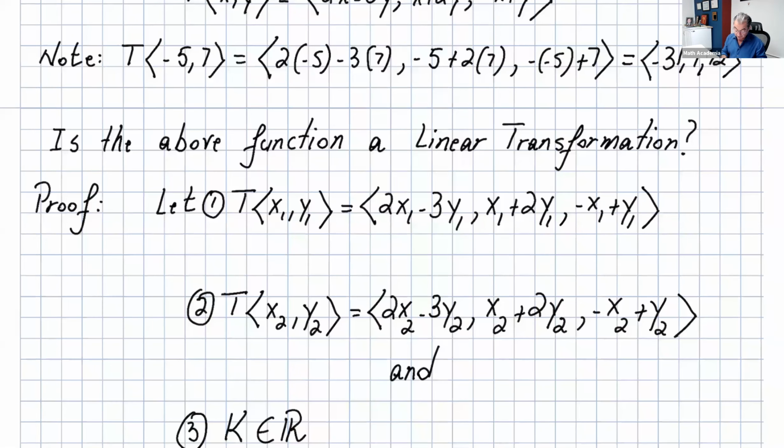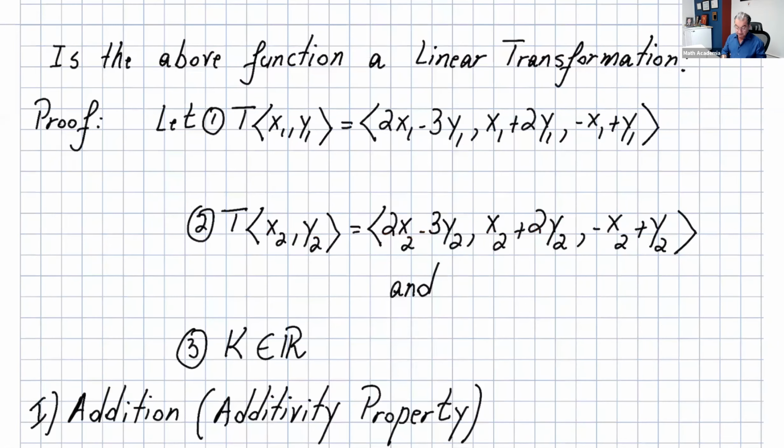First, let's check to see if that's a linear transformation. If you want to prove that a transformation is linear, just go over the two properties. To start, pick a vector, T of (x1, y1), and write the transformation. Another one, T of (x2, y2), write the transformation for x2, y2.